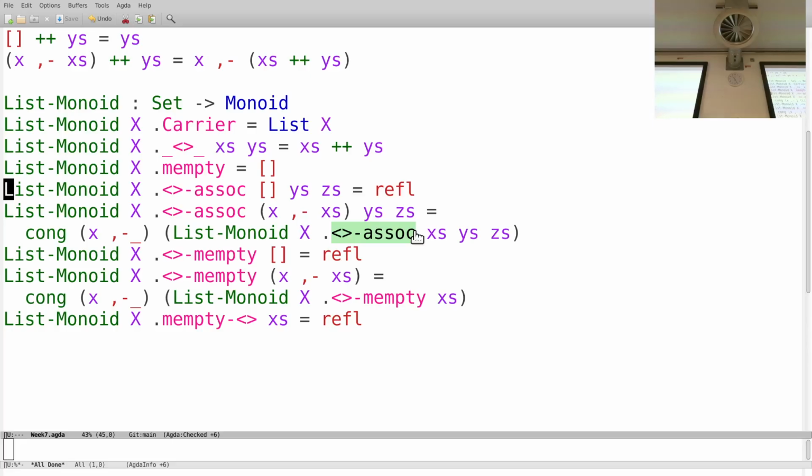But if we had defined append inline here, then I think Agda gets a bit scared about evaluating it, because if you think about what this is doing, right, you're defining an entire record, and then locally you're recursing to describe one of the fields.